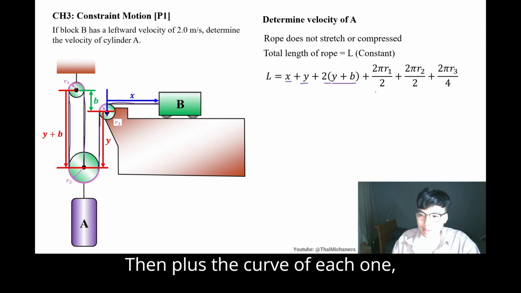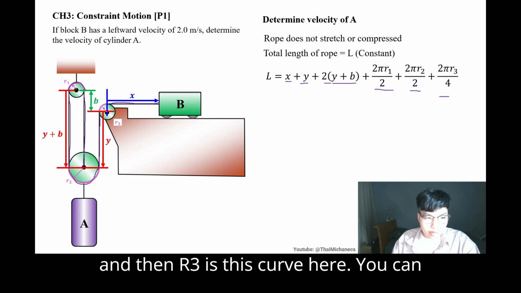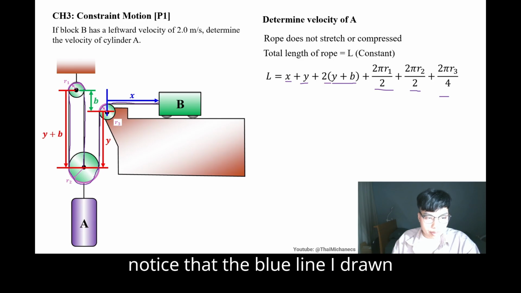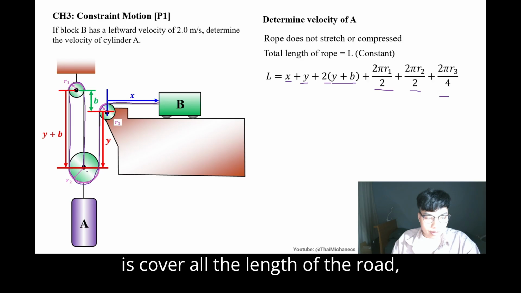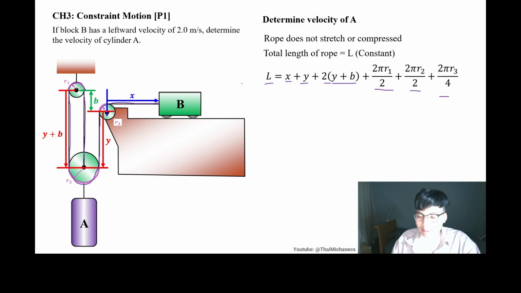Then plus the curve of each one: R1 is this curve here, R2 is this curve here, and R3 this curve here. You can notice the blue line I drew covers all the length of the rope, right? So now this equation is complete.